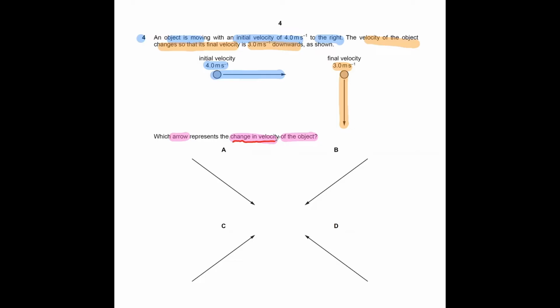It is not asking you to find the resultant velocity. Change in velocity and resultant velocity are two different things. Most of the questions that you've done so far are about finding the resultant velocity, the resultant vector. This one in particular is asking you for something different. They're asking you to find the change in velocity or the change in the vector. So let's just review how to define change in vector and resultant vector.